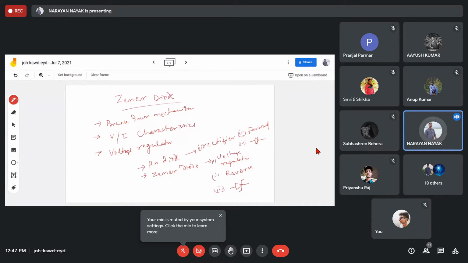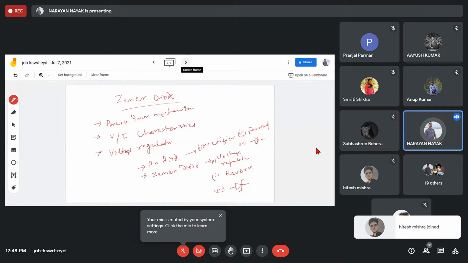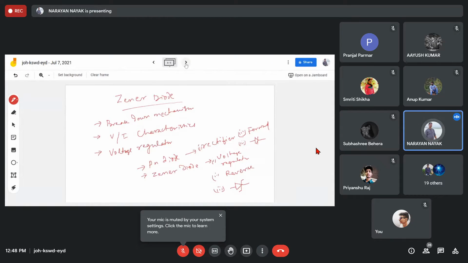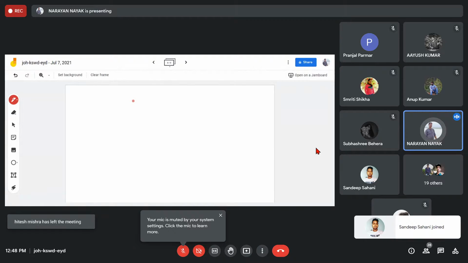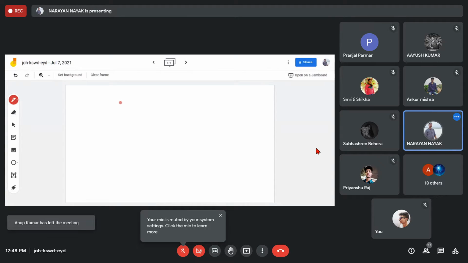So today I'll discuss what the Zener diode is, and what the breakdown mechanism of the Zener diode is. Then I'll discuss the VI characteristic. And then I'll discuss how the Zener diode can be used as a voltage regulator. Clear? Okay. I think you have studied the VI characteristic of the PN diode. It is similar to the VI characteristic of the Zener diode.